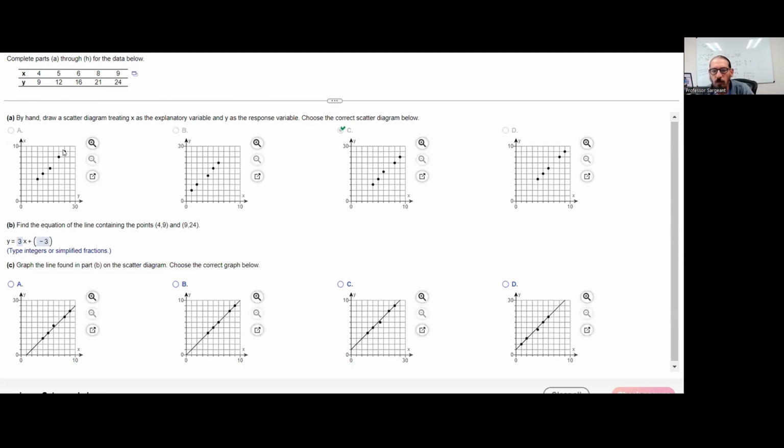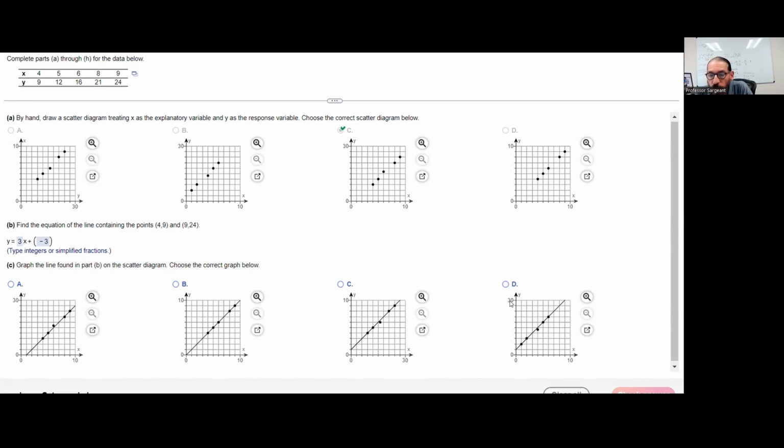That equation should go through the points 4, 9 and 9, 24. Looking again at the labeling here, the one that worked back up here had the x's going from 0 to 10 and the y's going from 0 to 30.